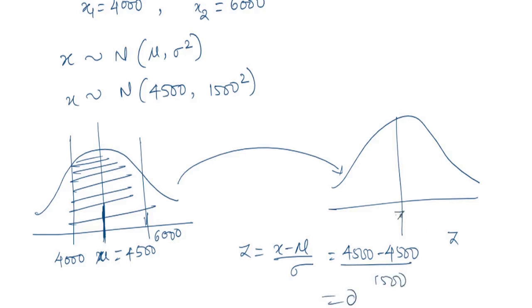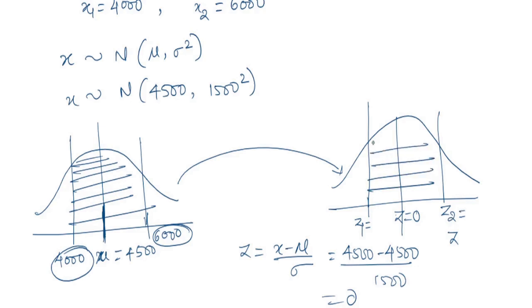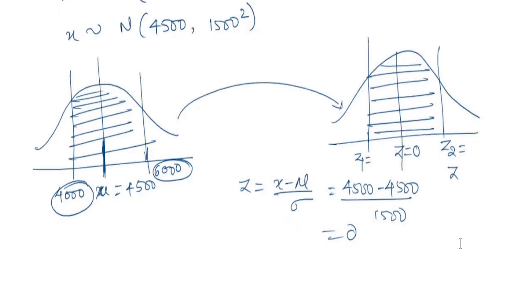So this line is z is equal to 0. We need to find z1, that is, when x1 is 4000 what is the value of z1, and when x2 is 6000 the value of z2. The required area will be between z1 and z2. Area here means we are going to find the probability between z1 and z2.